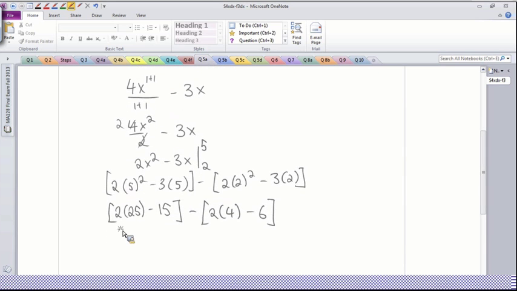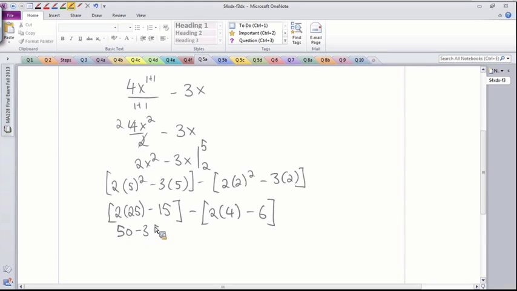Evaluating further, 50 minus 15 would be 35, minus 2. And our final answer will be 33.